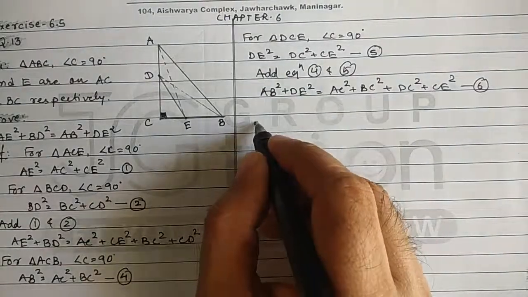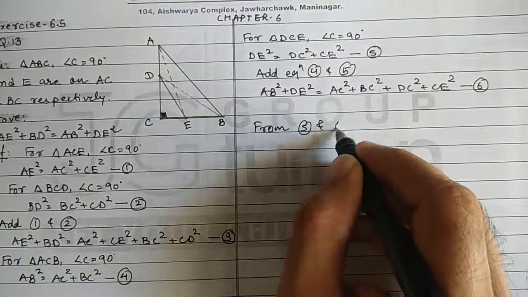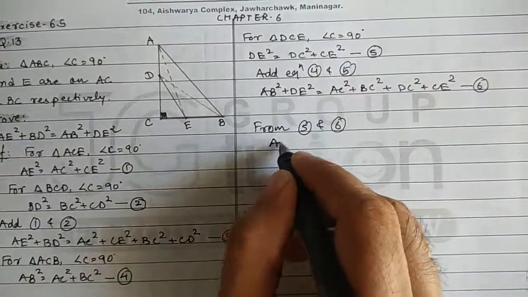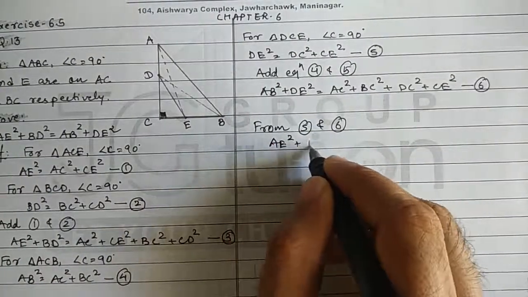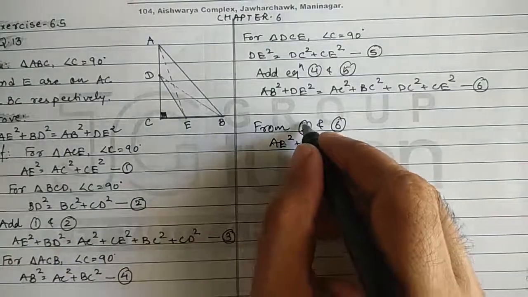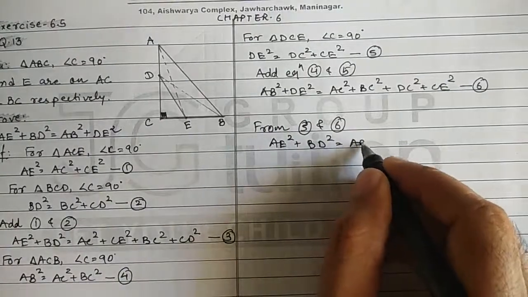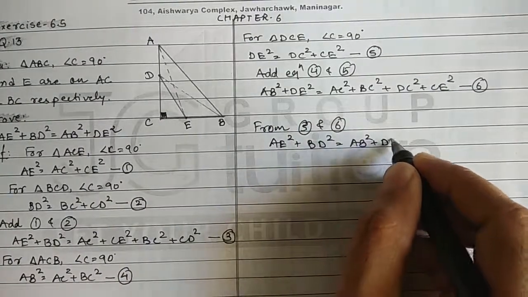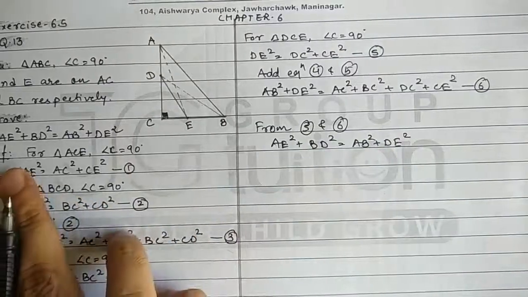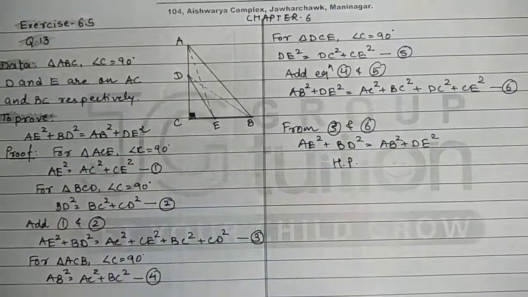So from equation 3 and equation 6, we can say that AE square plus BD square, which is the left hand side of equation 3, is the same as the left hand side of equation 6. So hence we obtain the required. Hence we prove the theorem.